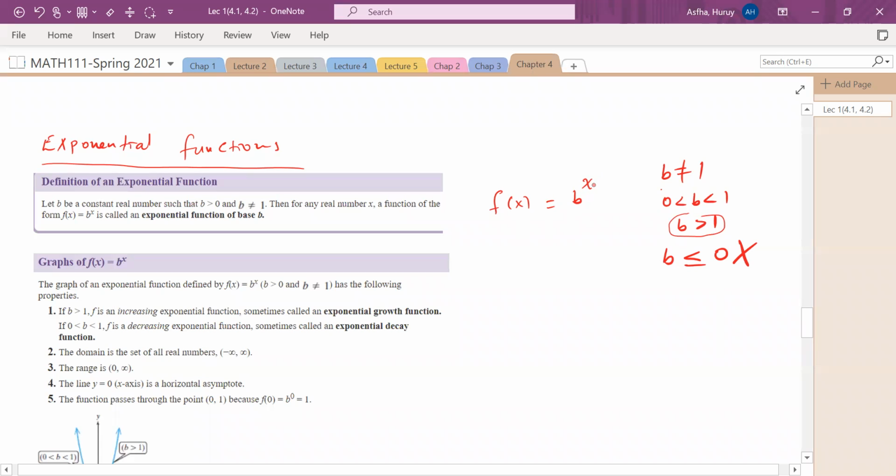And here we have x. Okay, so b is called the base of this function, and the function is called an exponential function of base b.